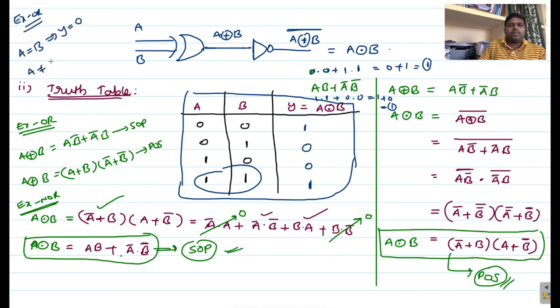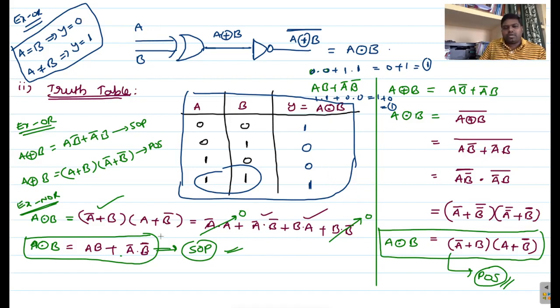When both the inputs are not equal, the output will become 1. This is XOR logic operation. But complement of XOR means this condition is completely inverted. That means when both the inputs are same, A equals 0, B equals 0 and A equals 1, B equals 1, the output will become 1. In the previous case it was 0. That 0 is inverted in XNOR operation, so that we get logic 1 here.